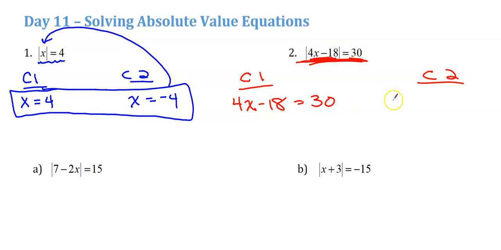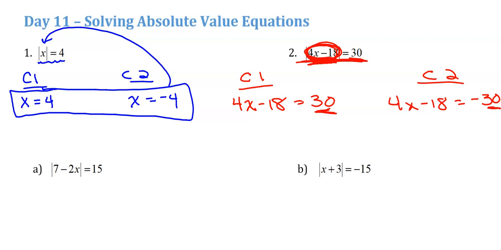When I switch to case 2, still 4x minus 18, I didn't change the inside, but I do have to account for -30.